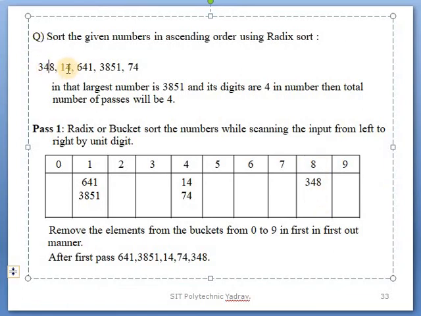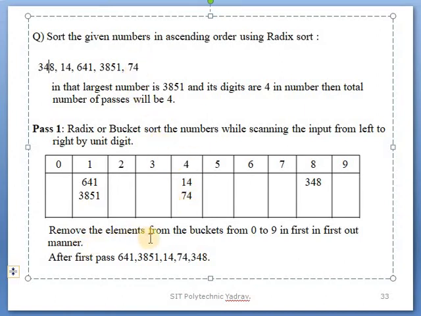After that, in 14, 4 is the unit place, so write in pocket 4. In 641, 1 is the unit, so in pocket 1 write down 641. After that, in 3851, 1 is the unit place, so write in pocket 1. In 74, 4 is the unit place, so write in pocket 4.